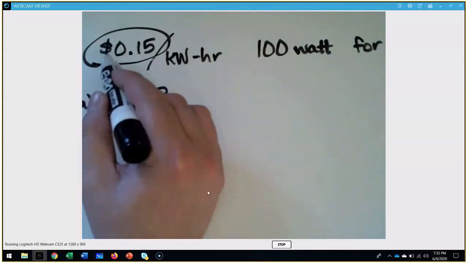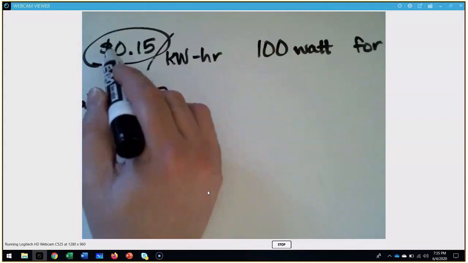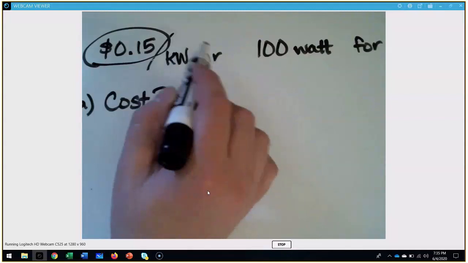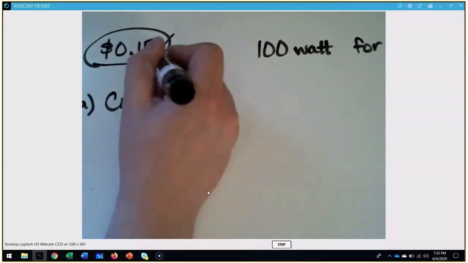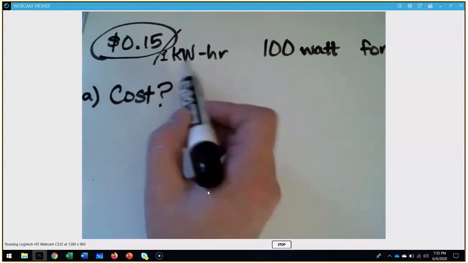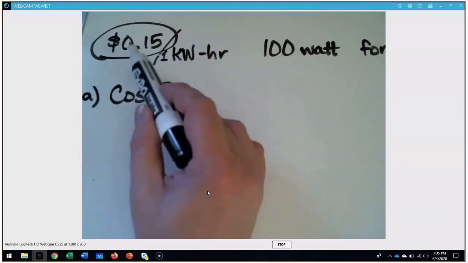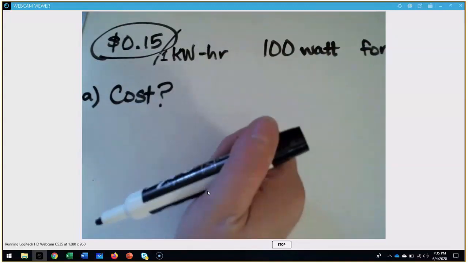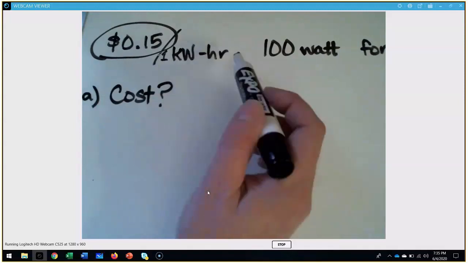In order to get something that is in a money amount, this thing that's attached to it is going to have to cancel. And it's per kilowatt, so that's per one, by the way, so let me add that in. We're going to have to cancel this out somehow so that we're left with just an amount of money. Okay, so that's my strategy. I need to cancel the kilowatt hours.